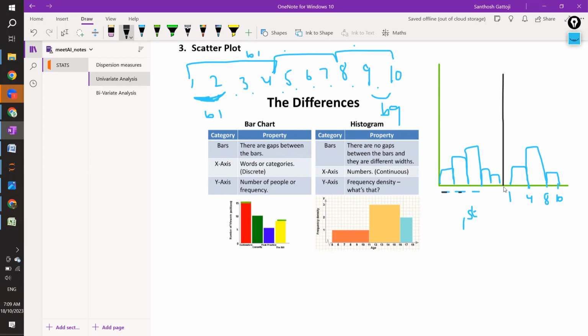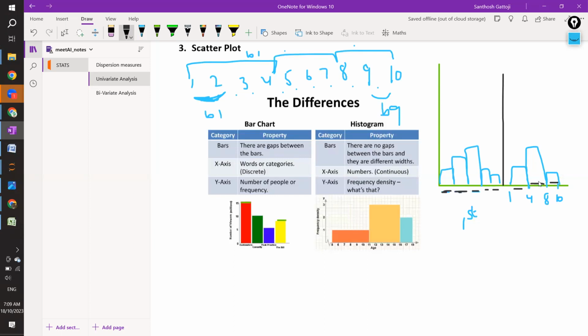I might not have drawn it very perfectly, but with the same data, if you divide into 10 bins, the width will be very small. But if you divide the same thing into 3 bins, the width will be a bit more. Agree?